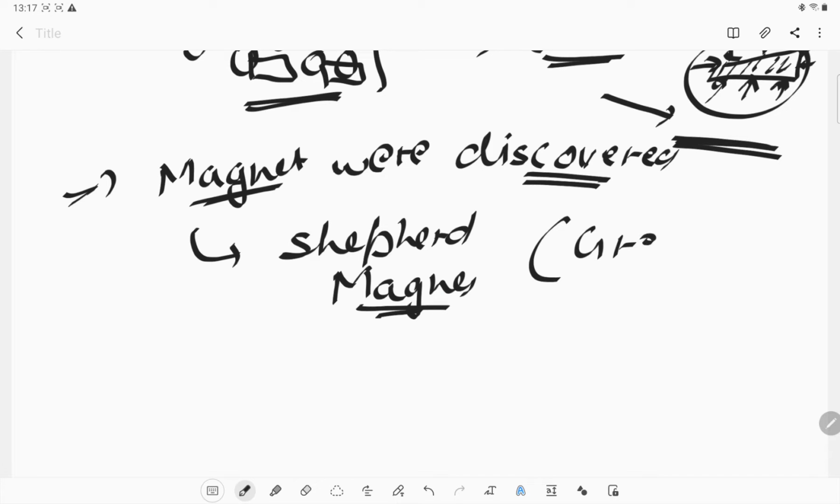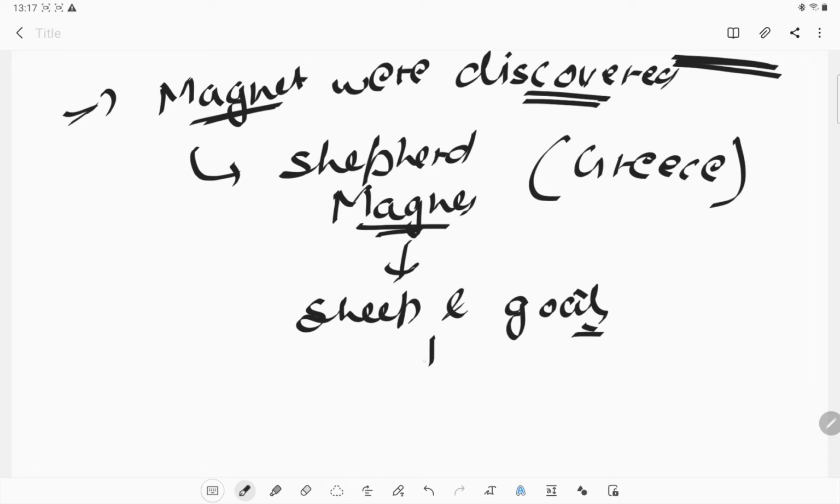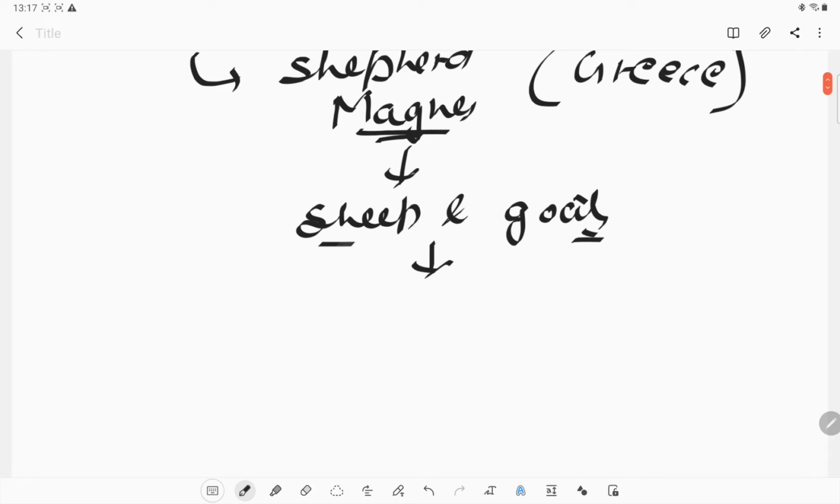He lived in the Greece area, and he used to take his herds of sheep and goats to a nearby mountain for grazing, on a daily basis. The name of that mountain was Magnesia.